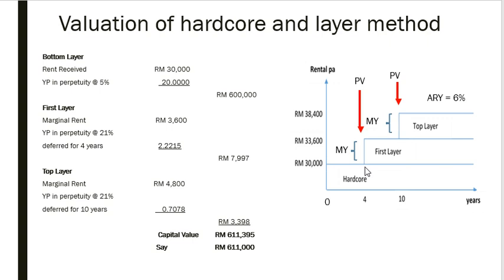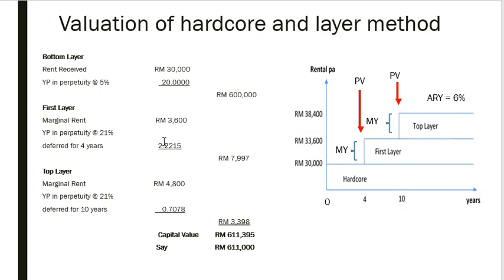Deferred here basically means, because this box for the first layer started here, there will be a PV, with an arrow here. Because the box only started at 4 years, we need to bring it back, since we are doing the valuation at 0. So it's PV for 4 years.